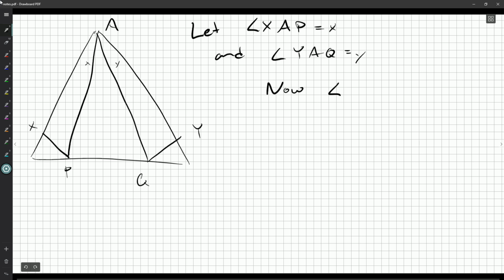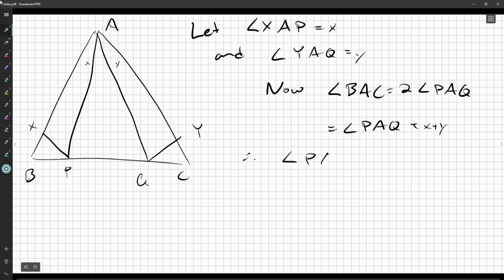Now, angle BAC is twice angle PAQ, but it's also angle PAQ plus x plus y. So I conclude that angle PAQ equals x plus y.